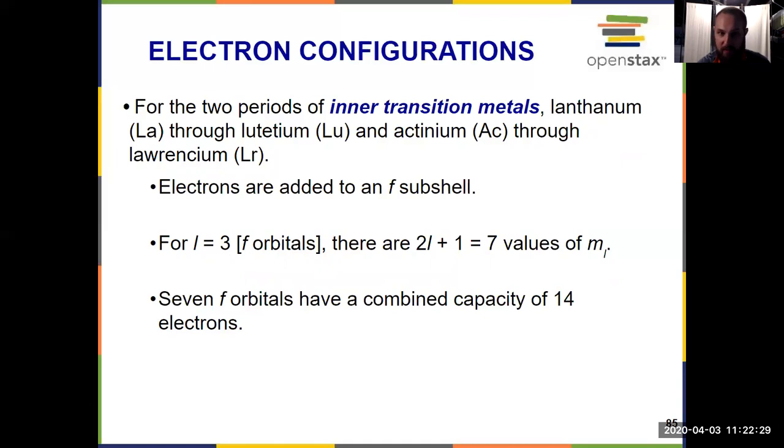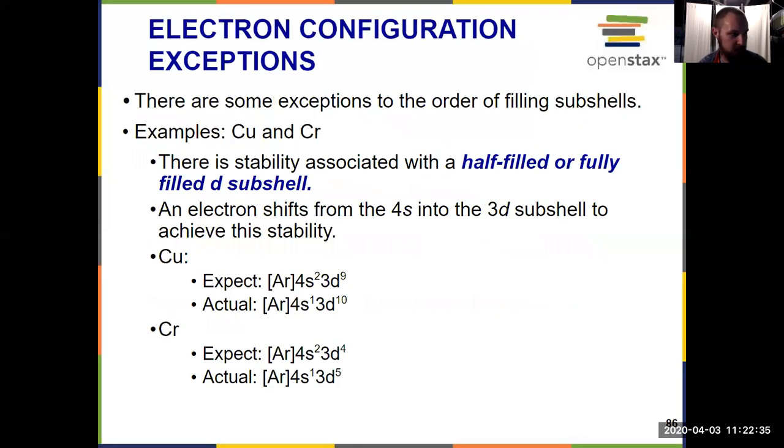There are a couple of exceptions to look out for as well, and I do expect you to know these that are listed here on slide 86. I had you in the periodic table video put a star over the columns for chromium and copper, because those groups are where we see our exceptions.